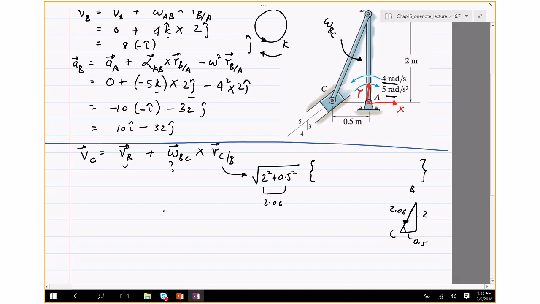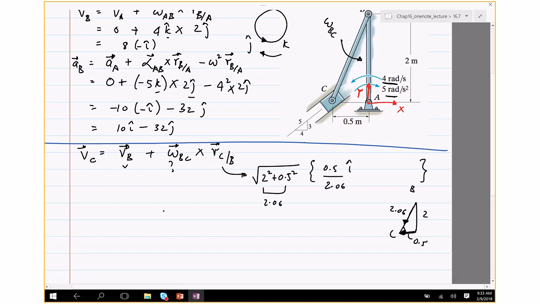We already found the magnitude. So we want a unit vector in this direction. In the i direction, that's going to be 0.5 divided by 2.06, right?